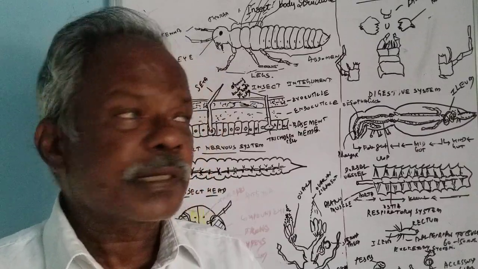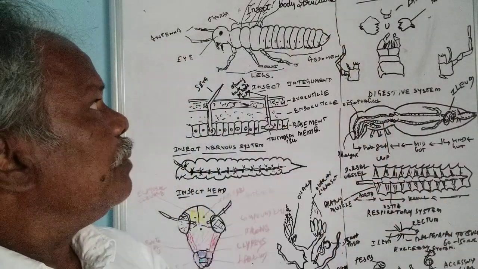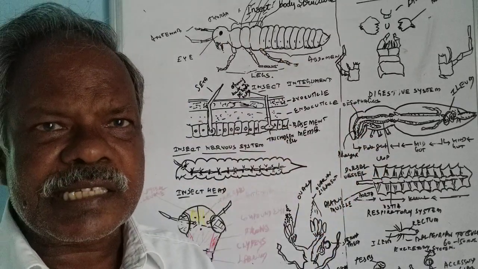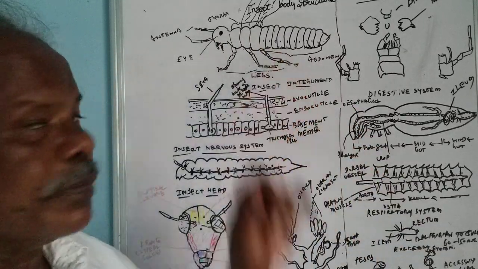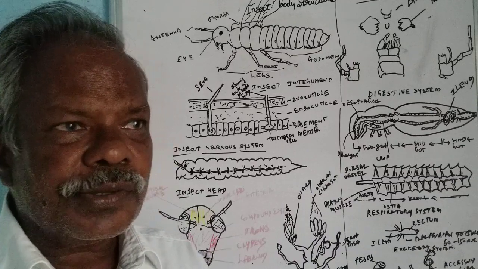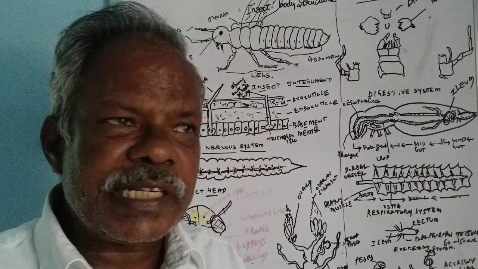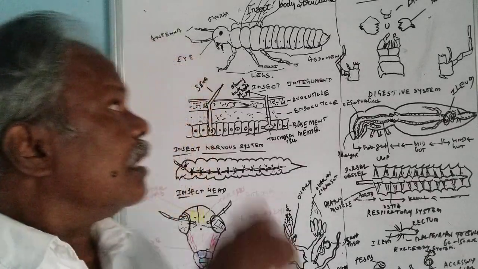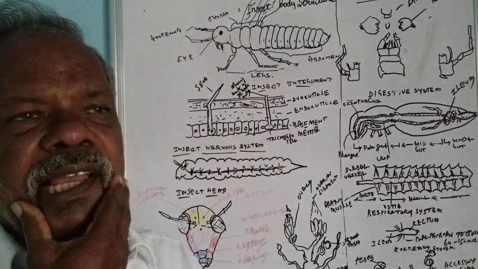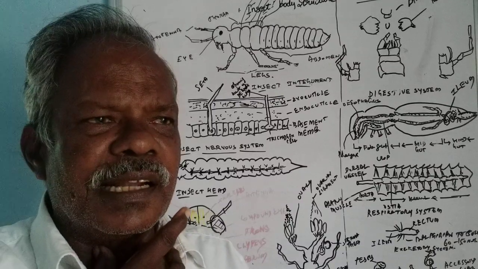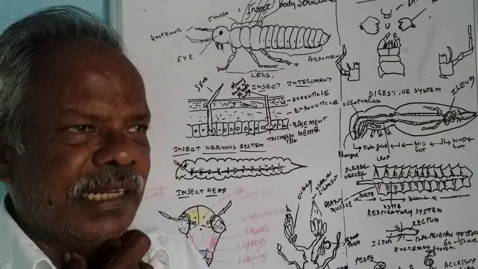So, coming to the external features or the body structure of the insect. The body is divided into 3 divisions. One is called the head, as like ours, and rarely is the neck seen, and sometimes the neck is not seen.